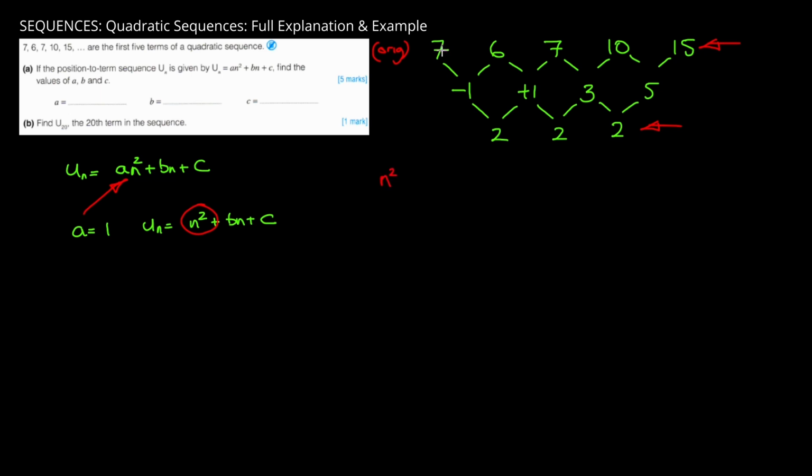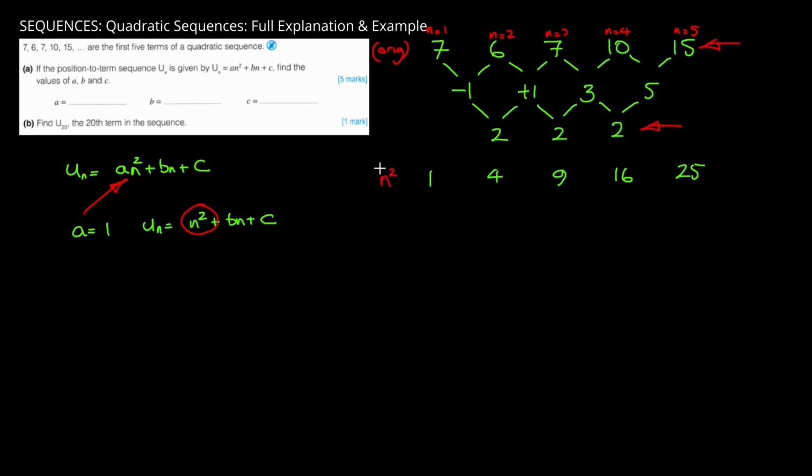So let me now write down beneath our original sequence numbers what value n squared would be. So when n is 1, n squared will be 1. 2 squared, 4. 3 squared, 9. 4 squared, 16. 5 squared, 25.